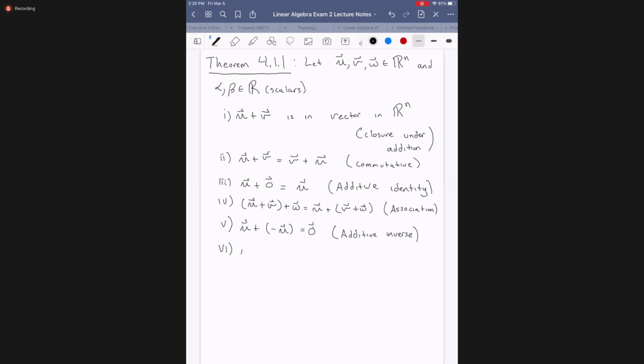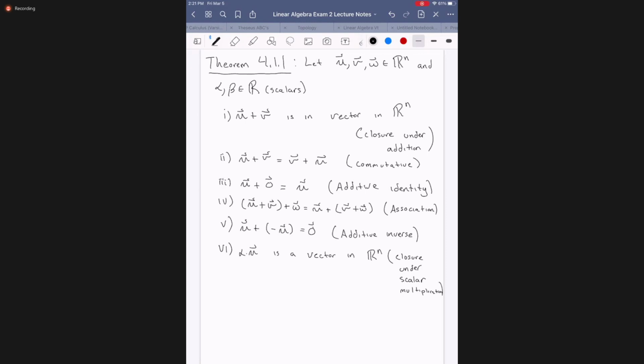We also have that the scalar times U. So how we define some real number being multiplied by a vector, this is also a vector or list in Rn. So just like the first one is closure under addition, this is called closure under scalar multiplication. Okay.